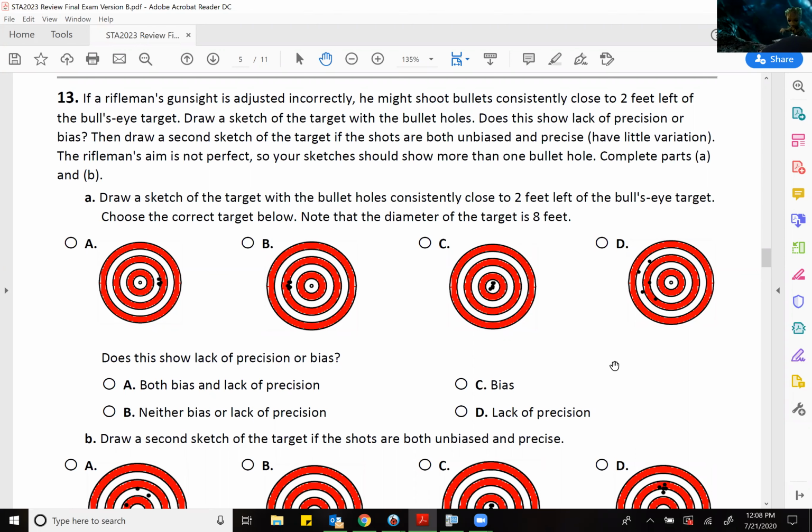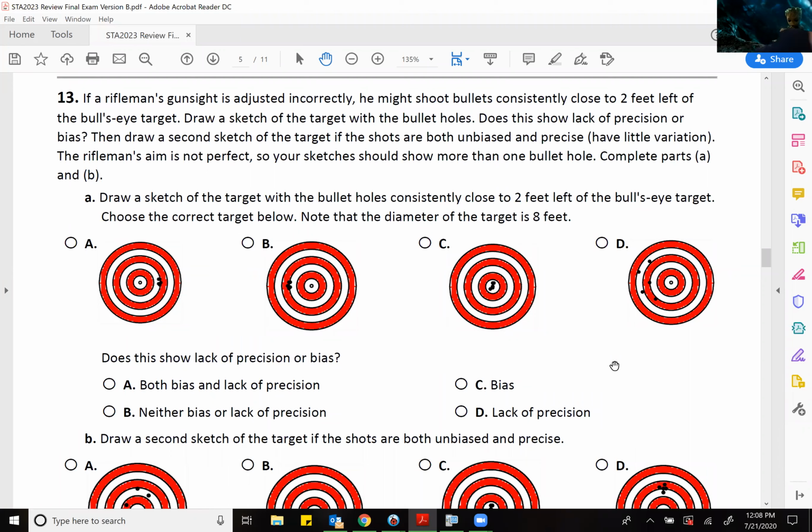All right. So what does this show? Well, when we talk about accuracy or bias and precision, okay? When we think about precision, you're thinking about the spread of the data.